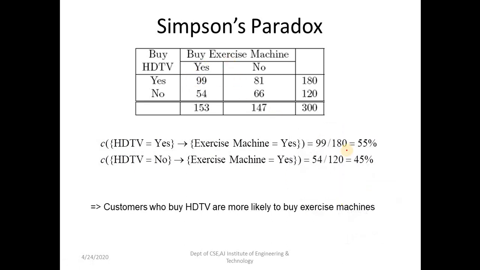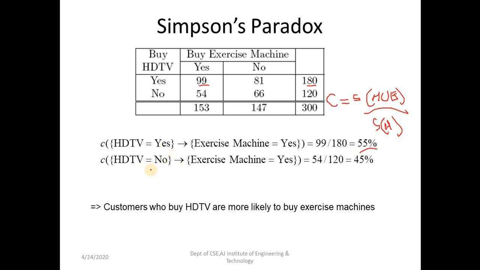We know the formula for confidence, right? Support count of both HDTV, which I will write as H, and exercise machine, which I will write as E, divided by the support of the left hand side, the antecedent, that is support of HDTV. Support of HDTV is 180. So it is support count 99 divided by 180, which is equal to 55%.